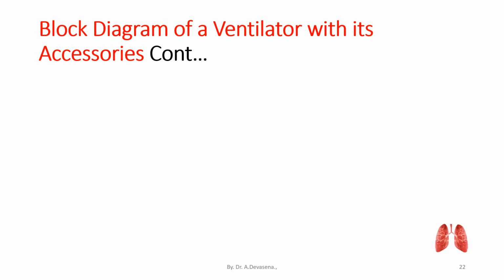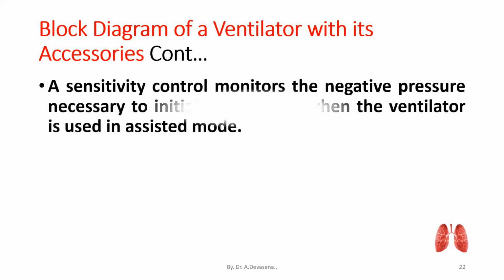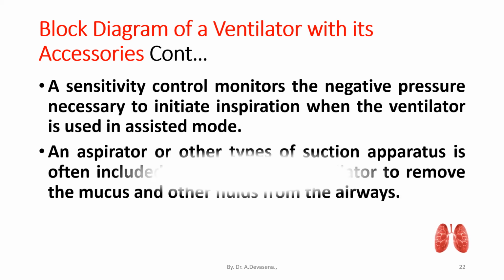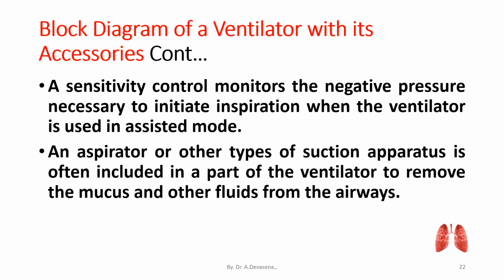A sensitivity control monitors the negative pressure necessary to initiate inspiration when the ventilator is used in assisted mode. An aspirator or other types of suction apparatus is often included as a part of the ventilator to remove the mucus and other fluids from the airways.